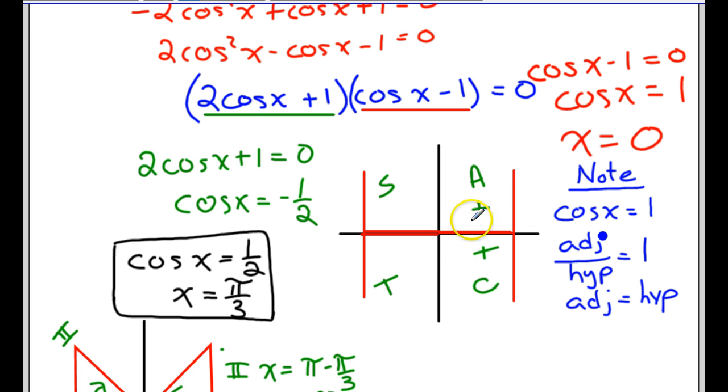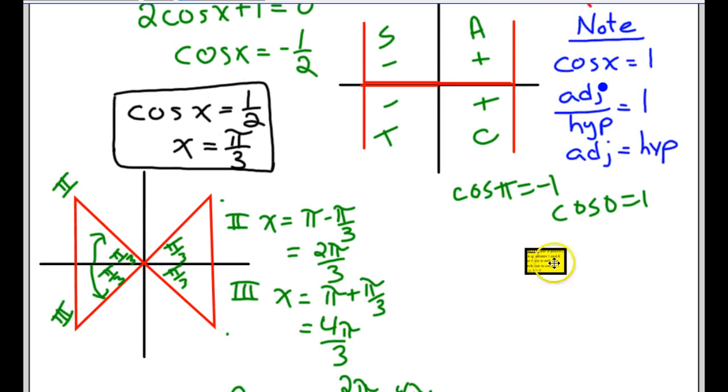So the line in here, if you will, is where we're going to get a value of 1. Over here, cos has to be negative, and so cos of pi would be negative 1. Cos of 0 is positive 1.